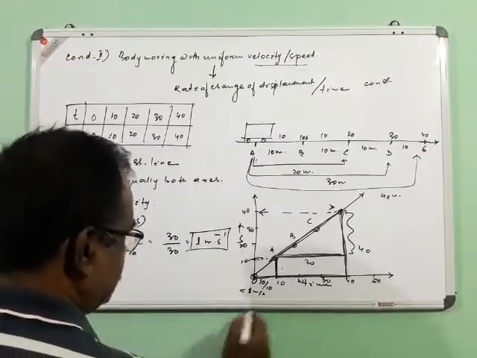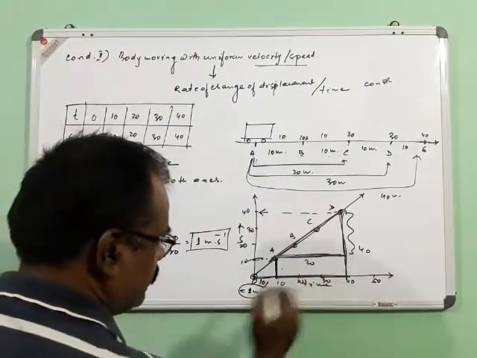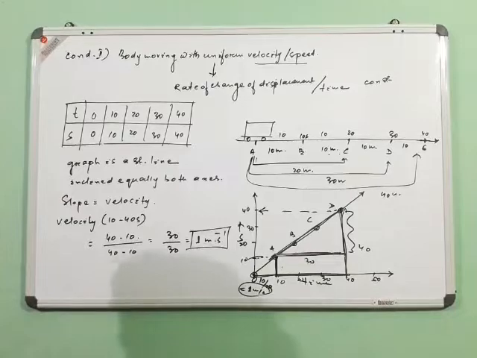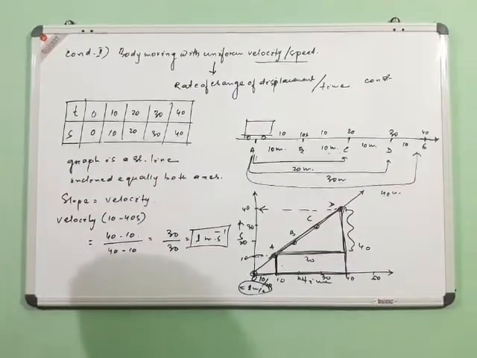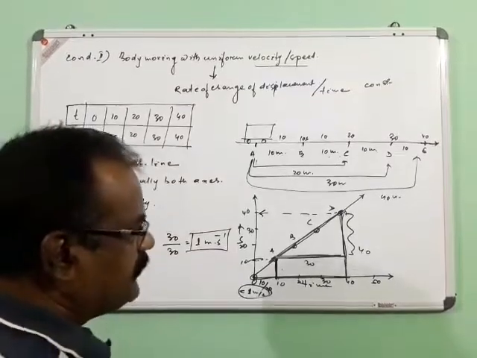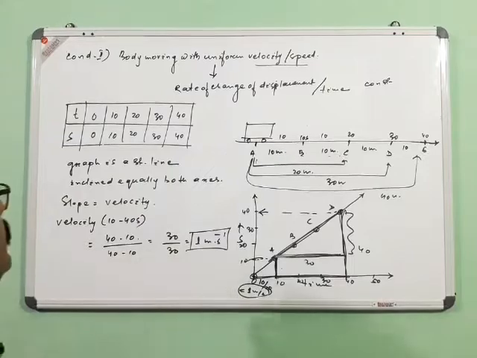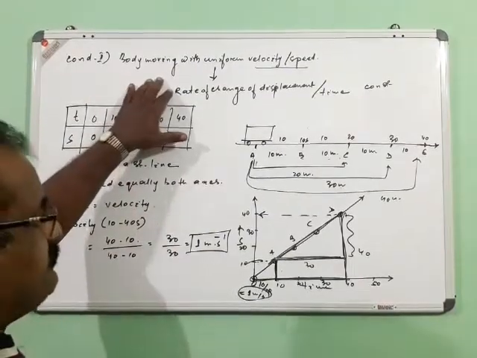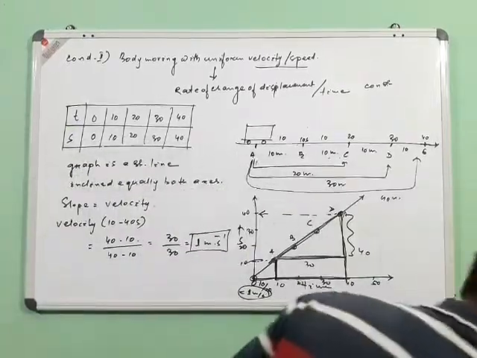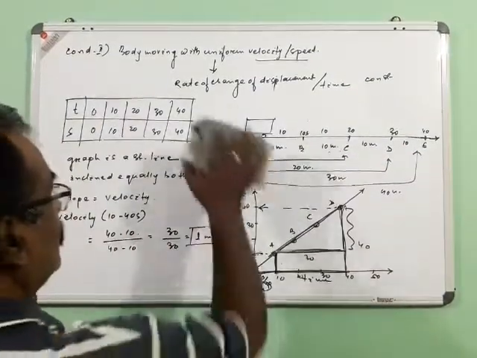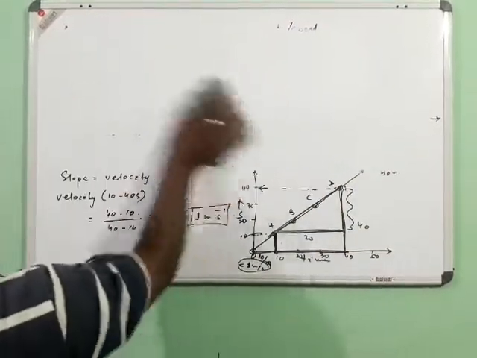Anywhere here we have seen that it is 1 meter per second, and between 10 to 40 that is also 1 meter per second. So everywhere the velocity remains the same, that is 1 meter per second. Now for uniform speed or uniform velocity, we may get two different types of graph for this particular observation.